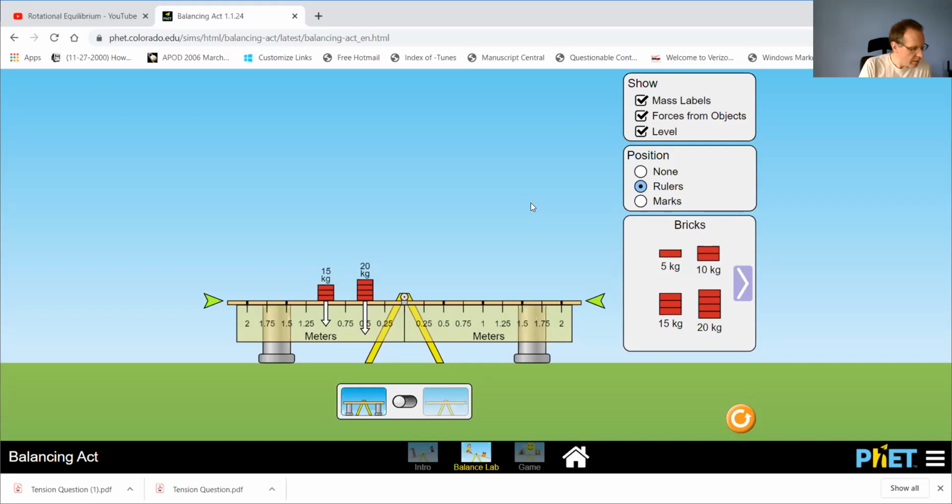Next, on the left-hand side, place a 5 kilogram brick at 1 meter, and a 20 kilogram brick at 0.5 meters.